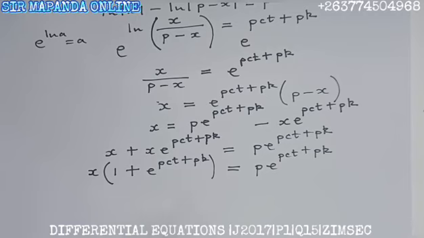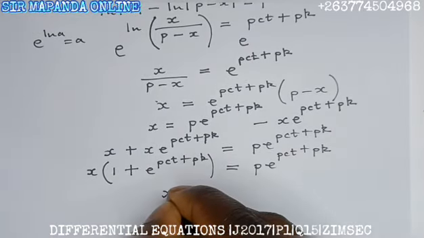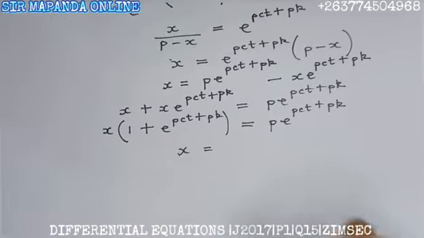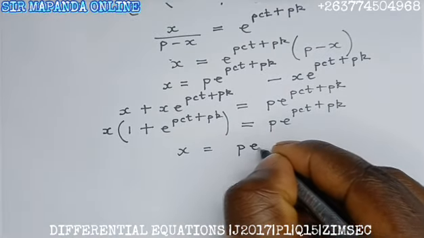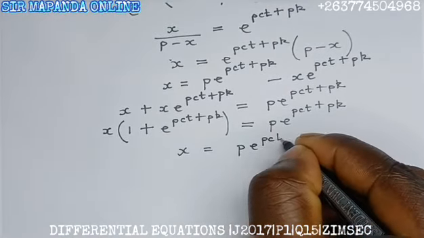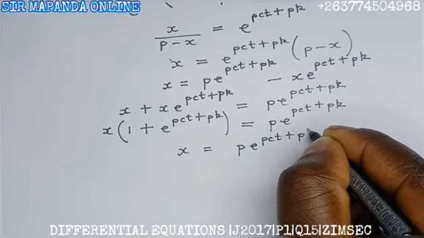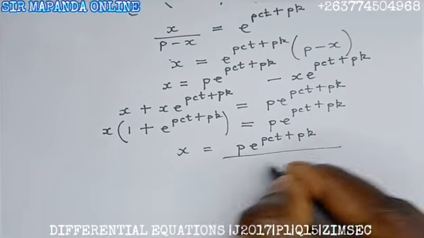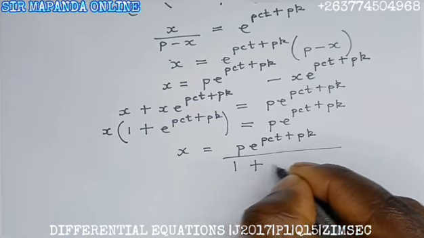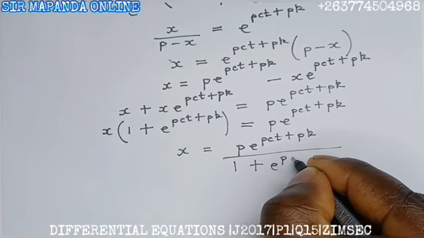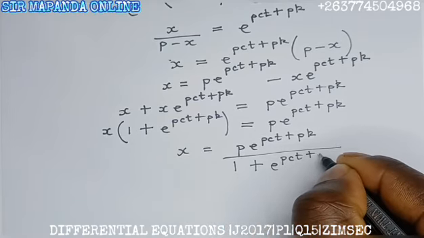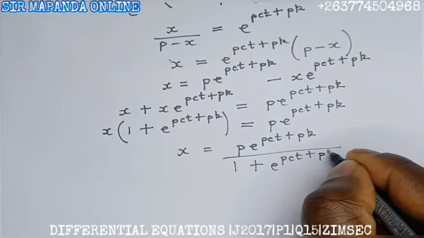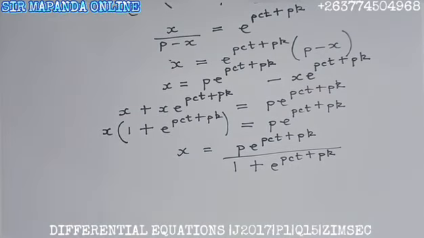Then divide both sides by this bracket. X is equal to p e to the power of pct plus pk divided by 1 plus e to the power of pct plus pk. I hope you are following class.